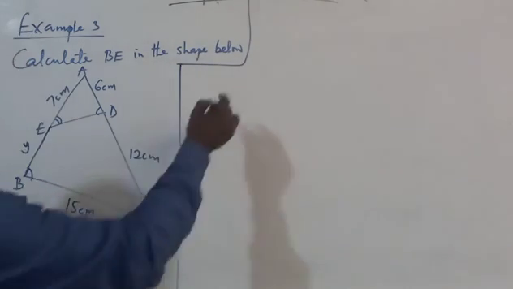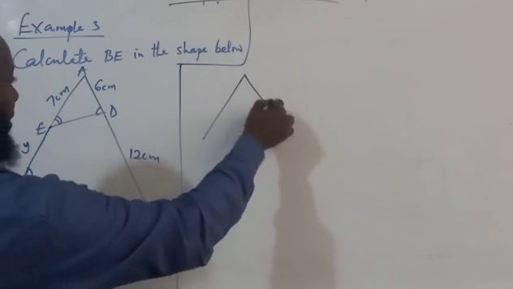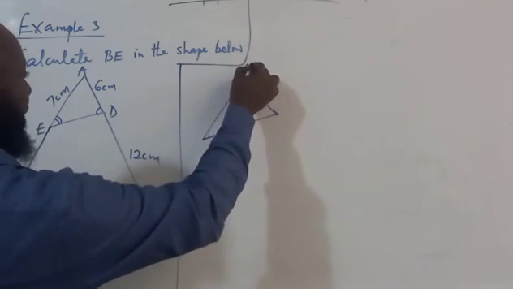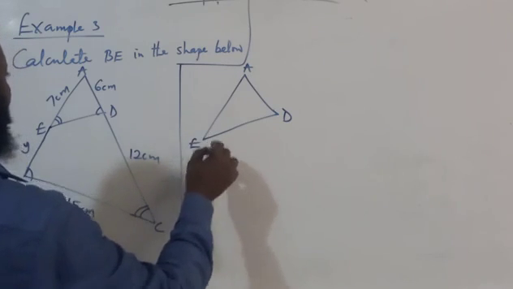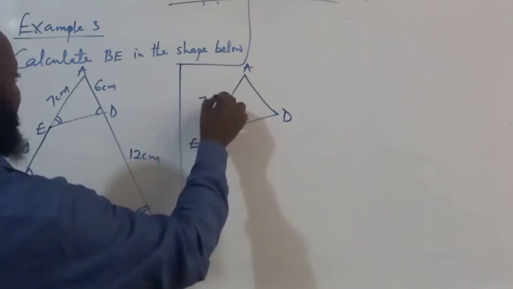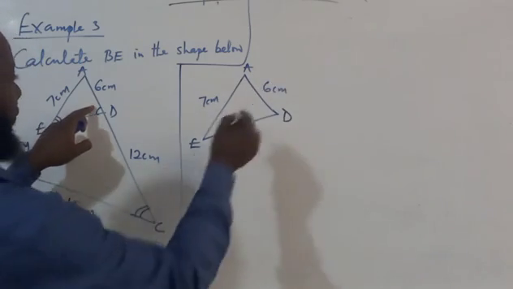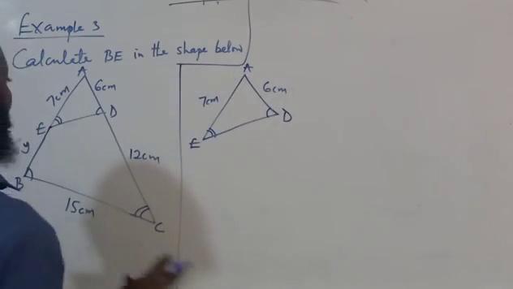I'll bring out this first. I have A here, I have D here, I have E here. So this is 7 centimeters, this is 6 centimeters, and we are given this angle here, with nothing here. So we leave it like that.